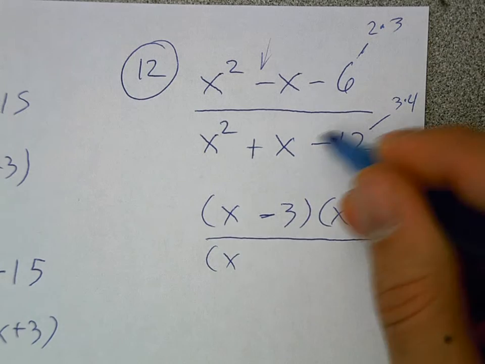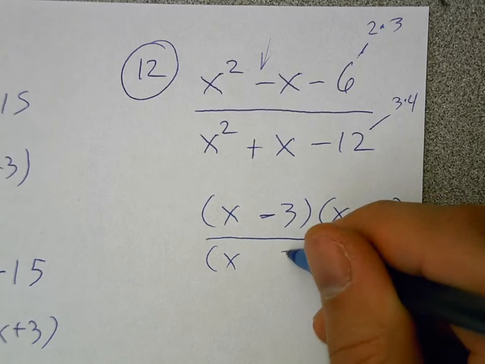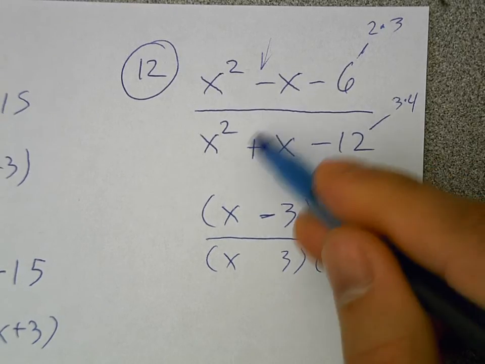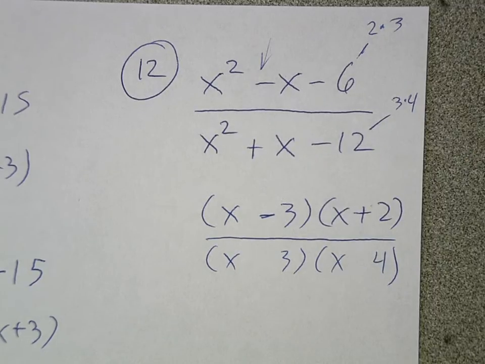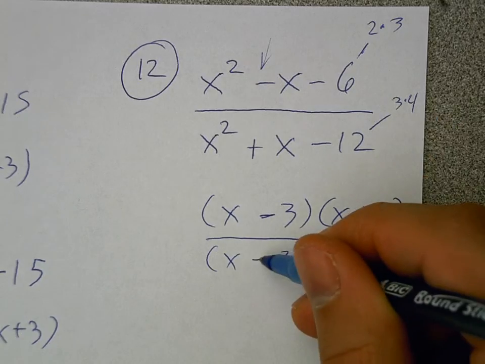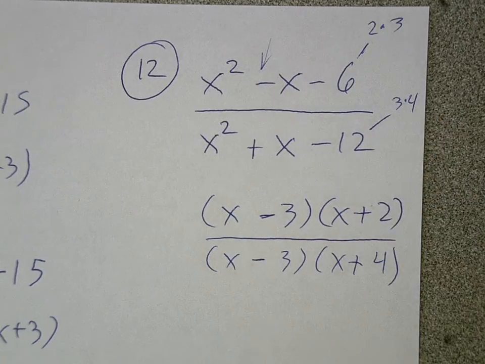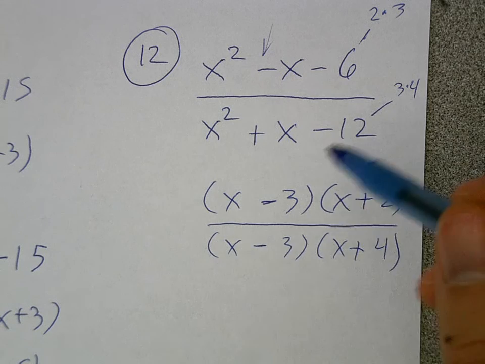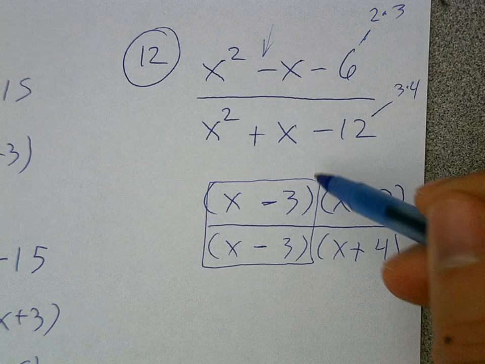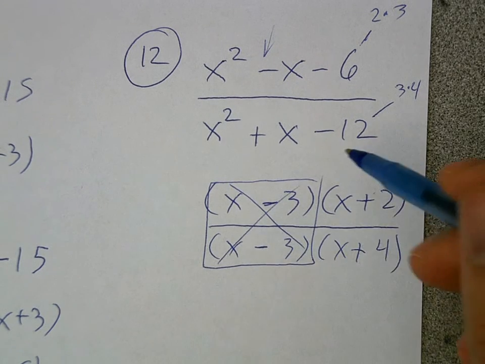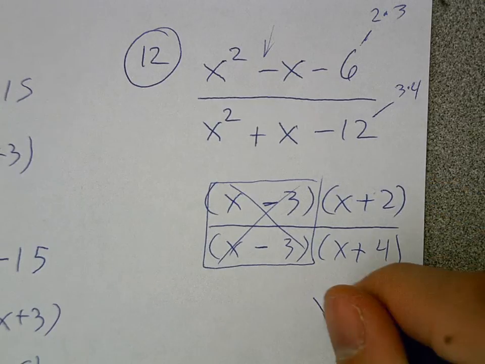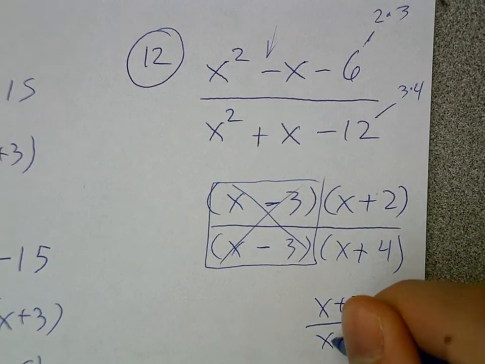So in order to make it negative 12, I'm going to need one of them to be negative, one of them to be positive. And this time, I need it to be positive 1x in the middle. So this is where I am going to put the negative here and the positive on the bigger number. So that way x minus 3, those are going to reduce down to 1. And I'll be left with x plus 2 over x plus 4.